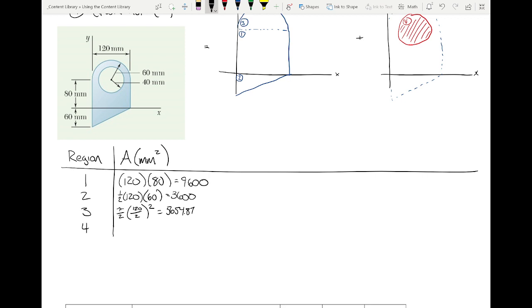All right. Region 4. Now, how am I going to compute the area of region 4? What's the radius? Well, I guess I didn't need to put 120 over 2. It indicated that it was 60 in the schematics. I guess I could just put 60. All right. What's the area of region 4 going to be? Pi r squared. What's the radius of this circle? 40. So it's pi times 40 squared? Negative pi 40 squared.